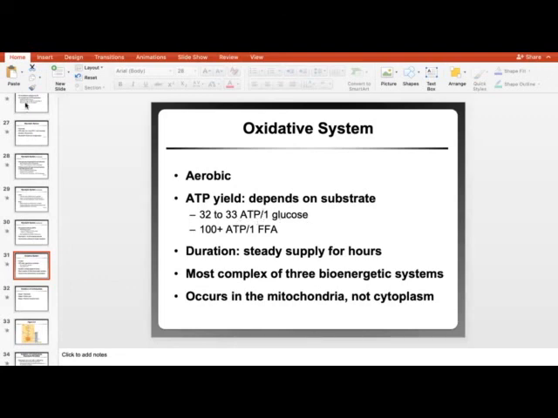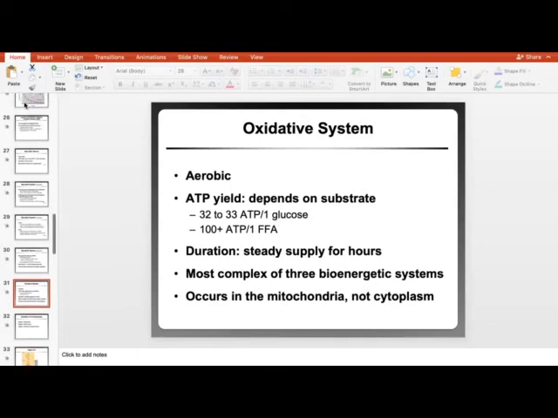And when you compare that with the phosphagen system, where I only get 1 mole of ATP for 1 mole of phosphocreatine, all of a sudden using oxygen makes it much more effective to create ATP, 100-fold more effective than the phosphocreatine system.